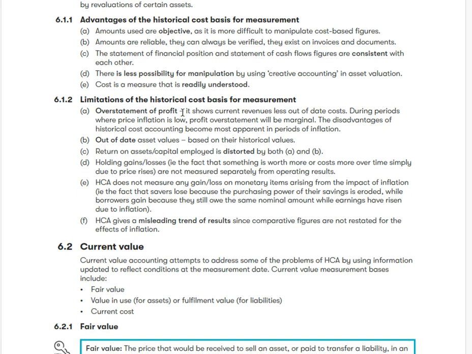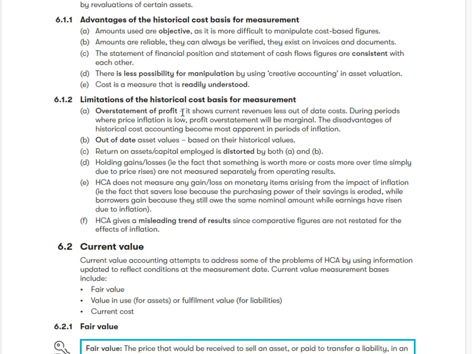So you may gain something, or at the same time you can lose something because of obsolescence. These are not measured separately from the operating results. We are not going to separately measure these holding gains or losses due to inflation because we are using historical cost accounting.